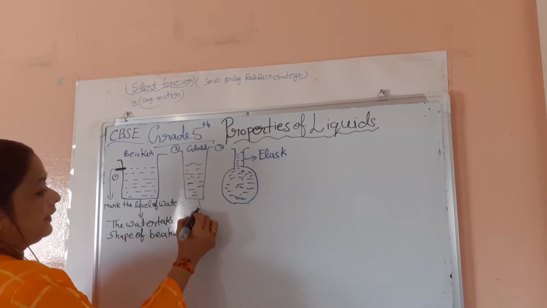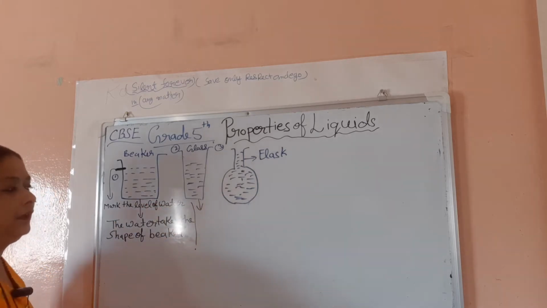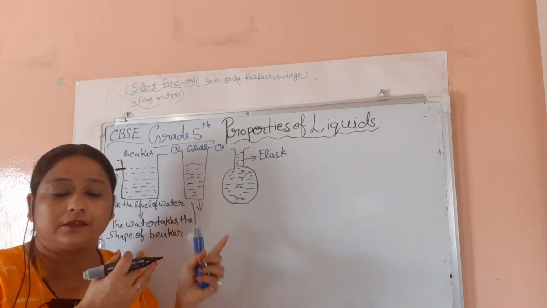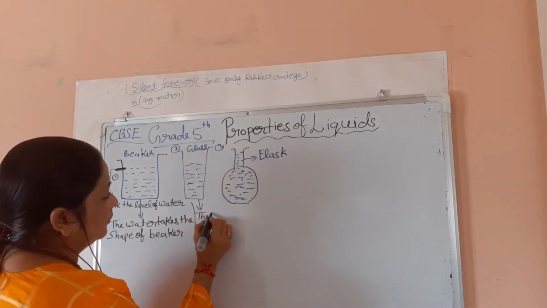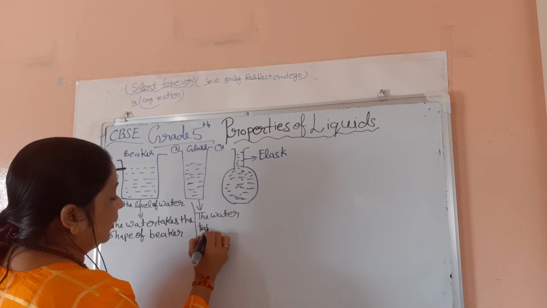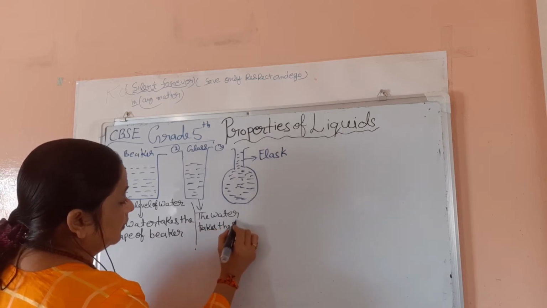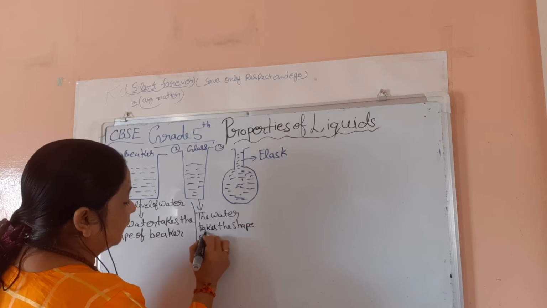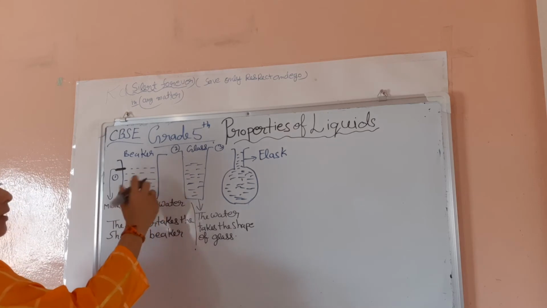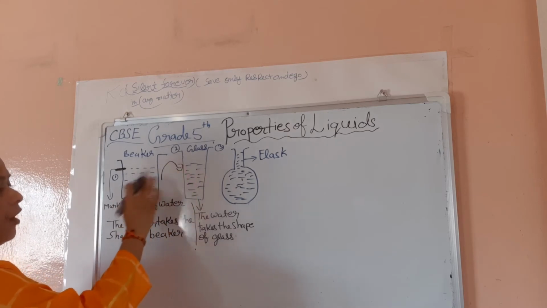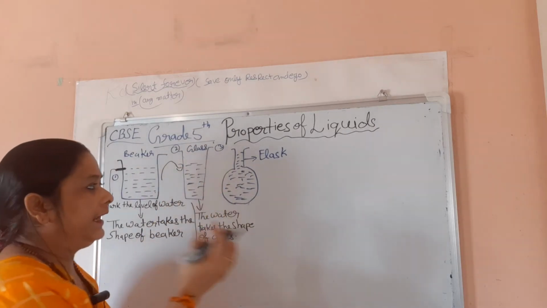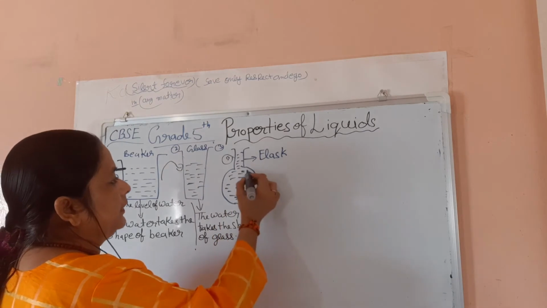Second, observe that this is a glass. When the water is poured into the glass from the beaker, the water takes the shape of the glass. And third, this is a flask.